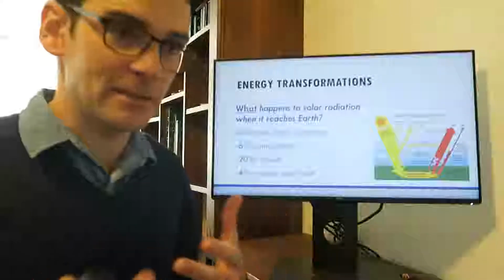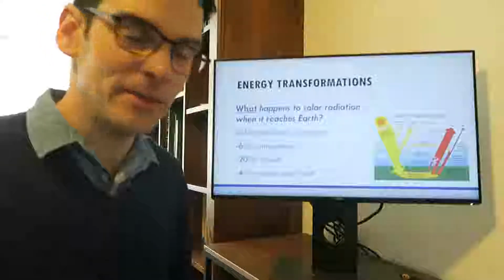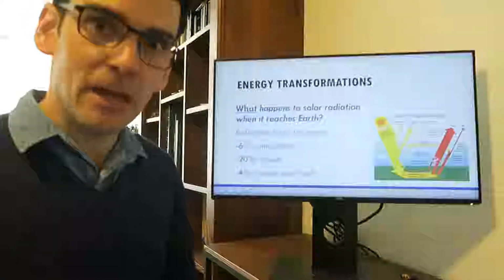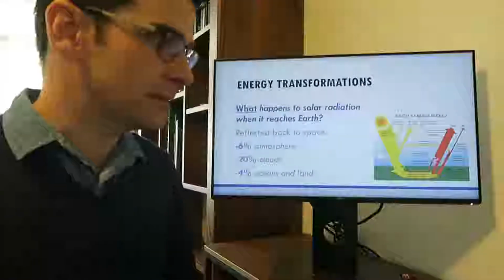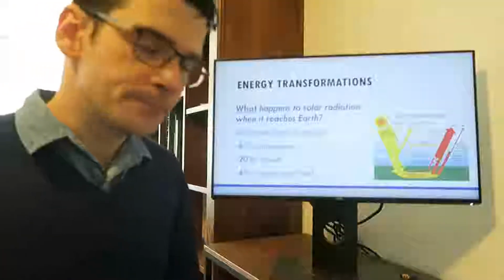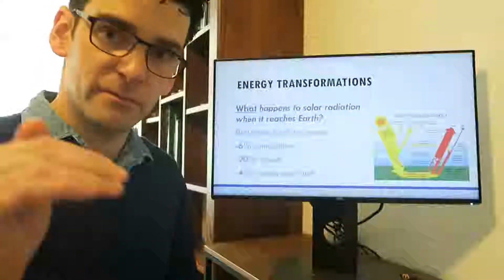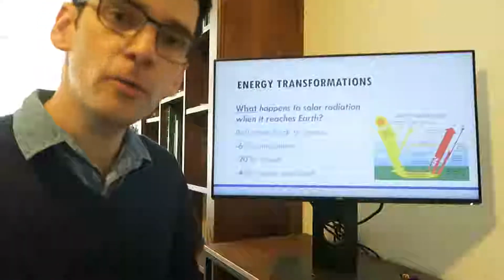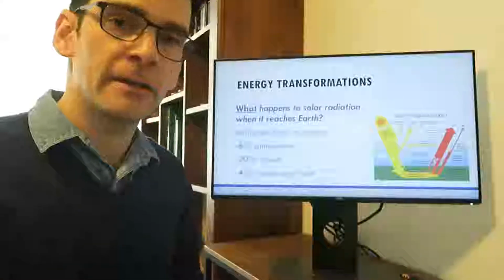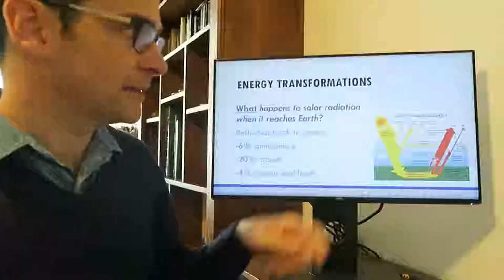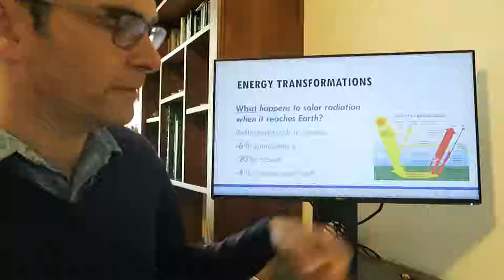Clouds are basically just water floating around in the sky, as we know. They bounce some light back out to space as well, so that's about 20%. And then finally, the oceans and the land themselves: of the light that manages to get through, only 4% reaches the Earth and gets bounced back and escapes into outer space, which is indicated by that line there.